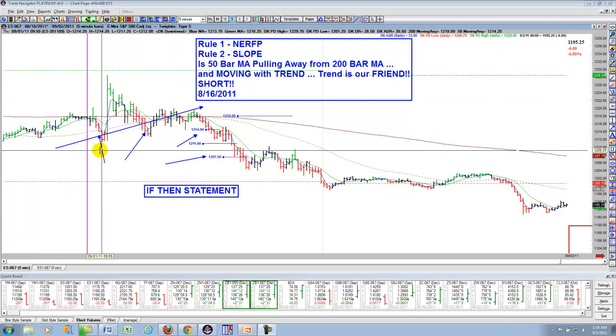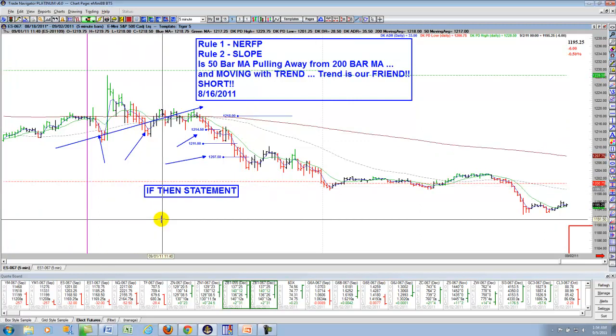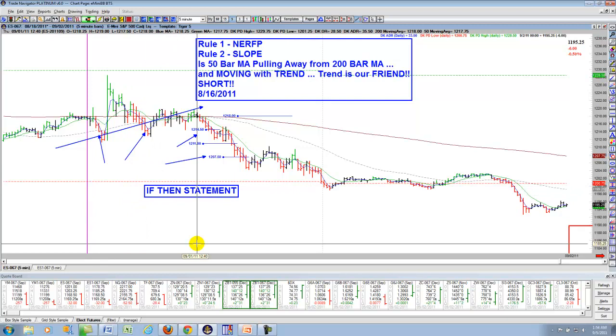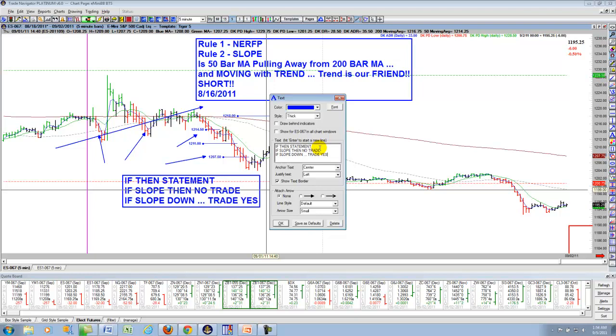We have an if-then statement right here. If slope up, then no trade. If slope down, then trade is possible, right? Trade, yes.